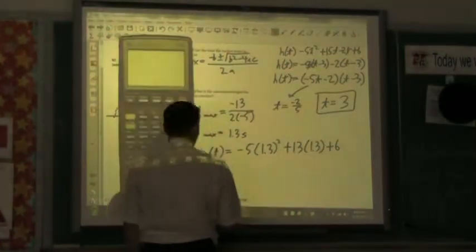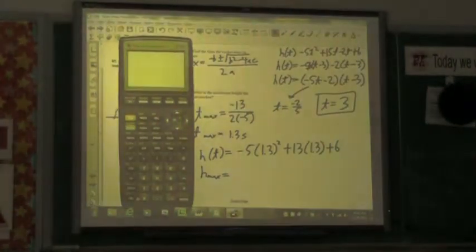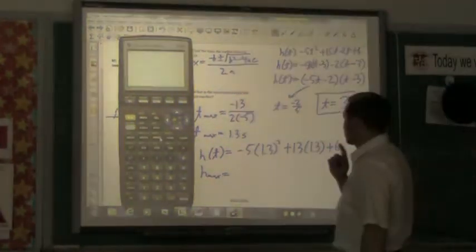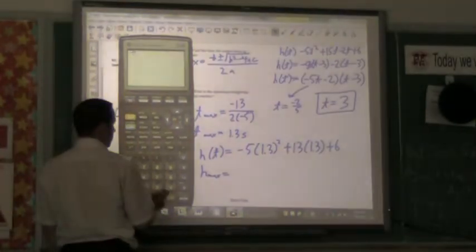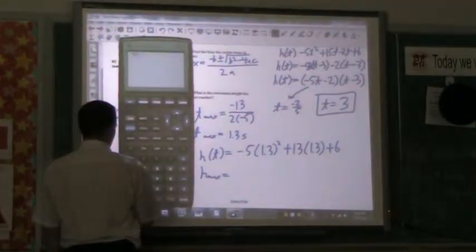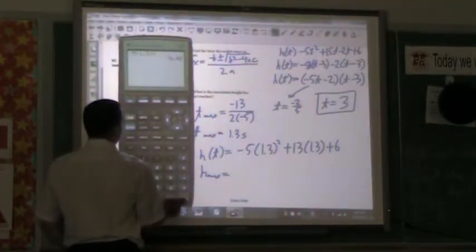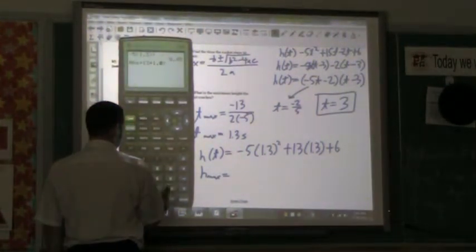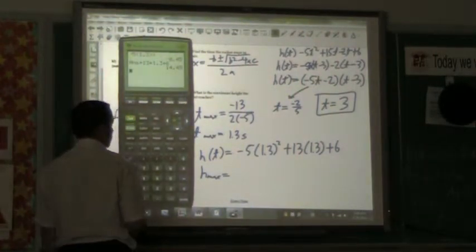And go back to our calculator. So go negative 5 times 3 squared plus 13 times 3 plus 6. 14.4.